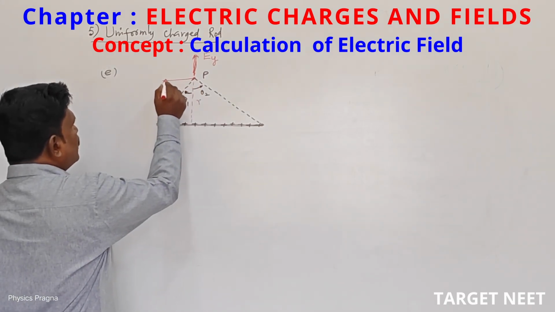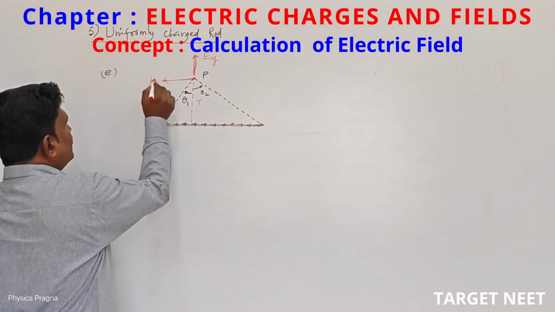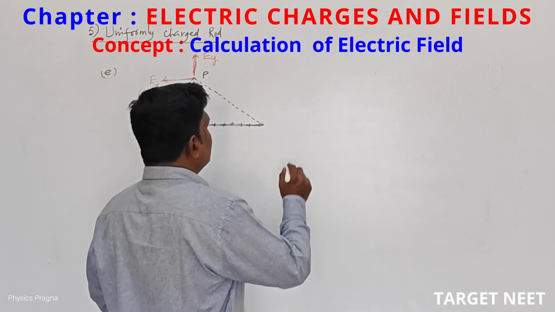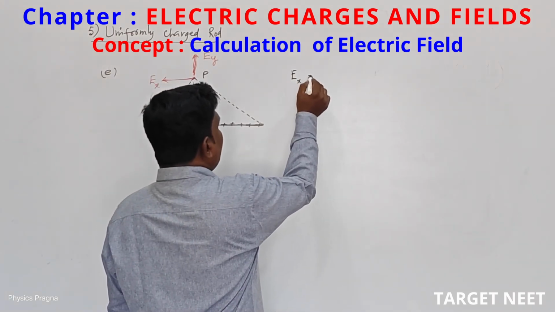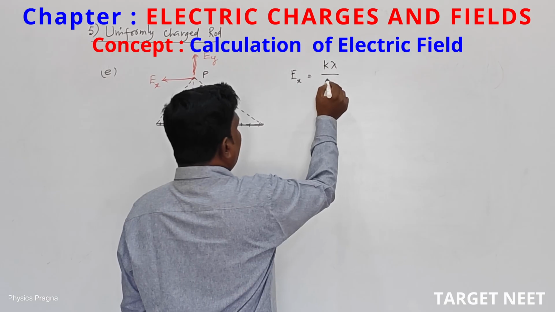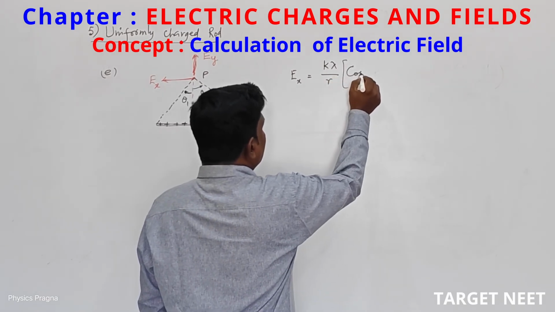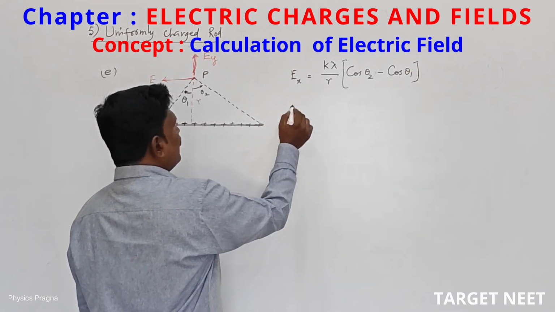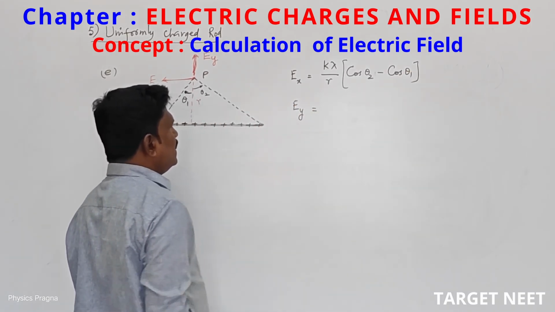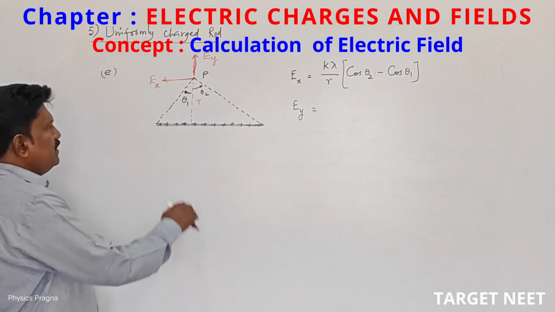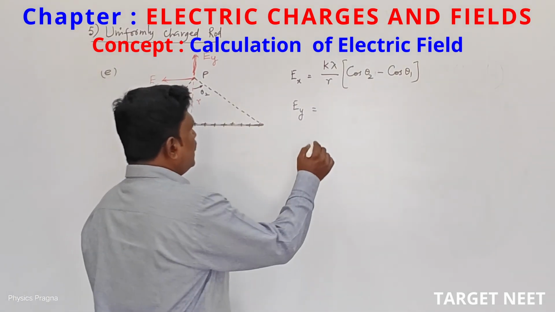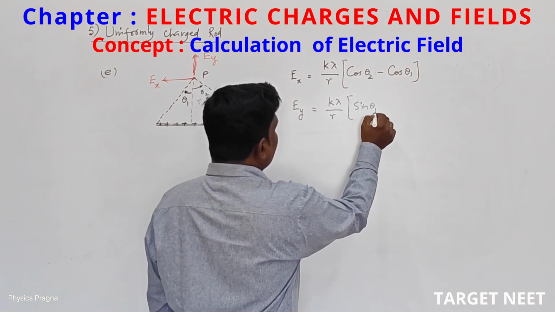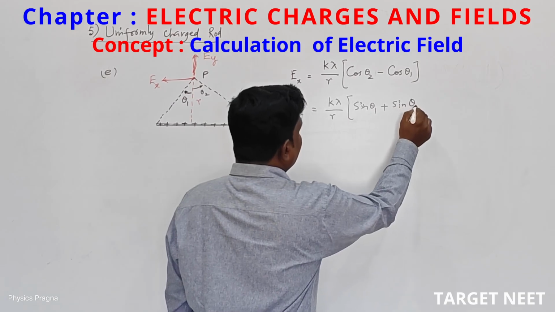And this is the parallel direction, that means the x component of the electric field. The x component of the electric field is given as k lambda by r, cos theta 2 minus cos theta 1, and the y component of the electric field, that is the direction perpendicular to this rod, is k lambda by r, sin theta 1 plus sin theta 2.